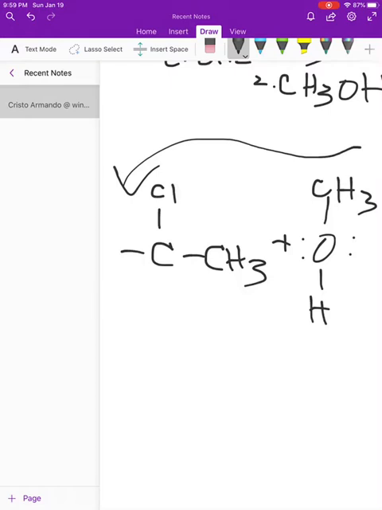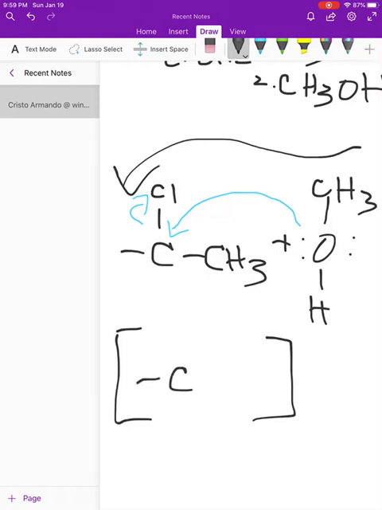So what's going to happen here is that, again, the lone pair is going to attack this carbon. This chlorine is going to leave, and we're going to be left with a second intermediate in this reaction.